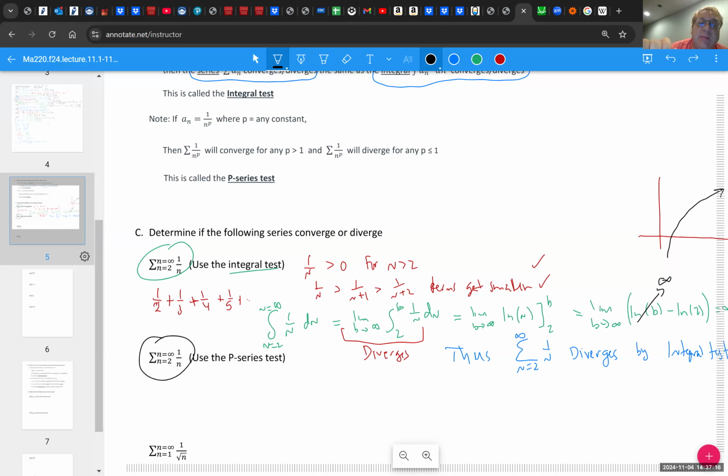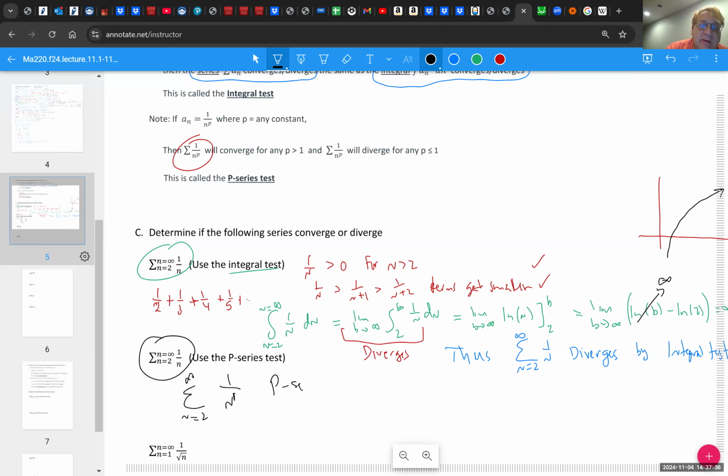So what is the p-series test? The p-series test says you have to write it as 1 over n to the p. So this would be the series from 2 to infinity of 1 over n to the 1. Right? So this is a p-series.